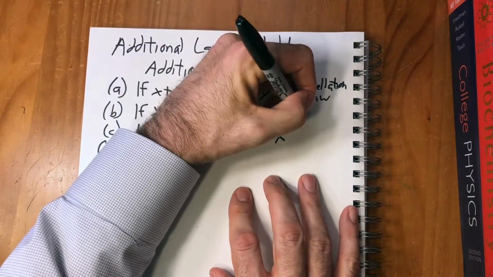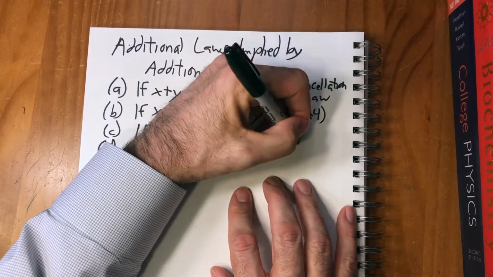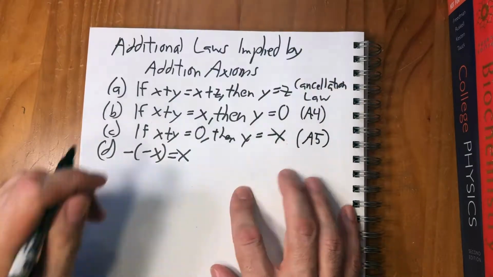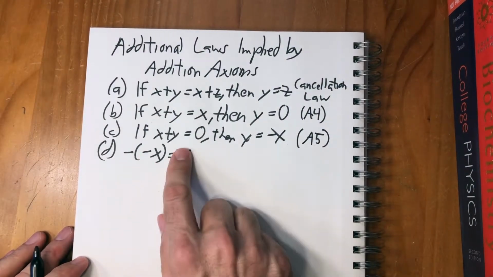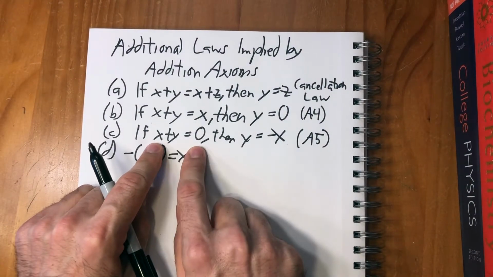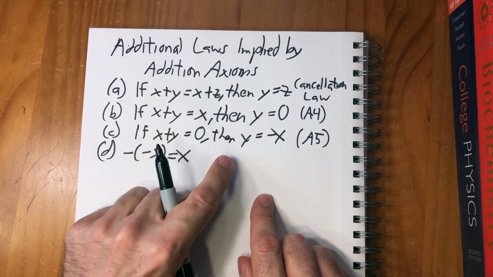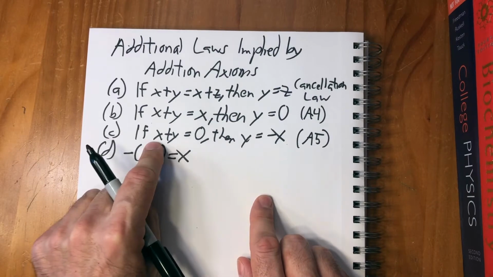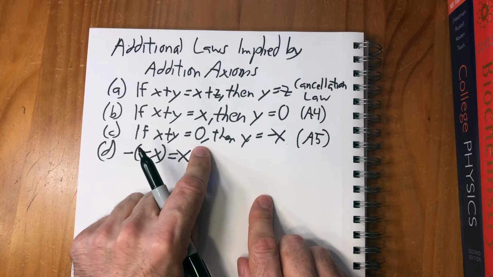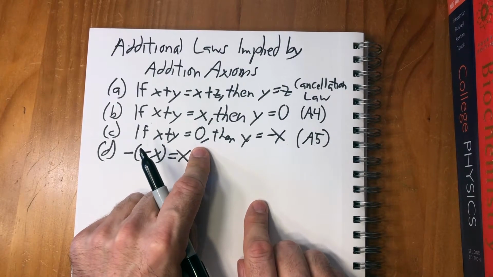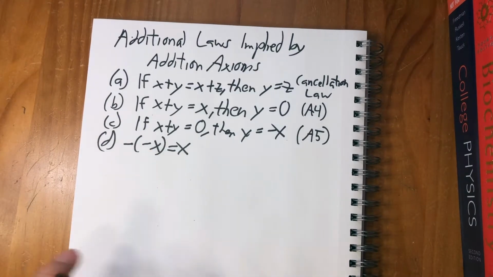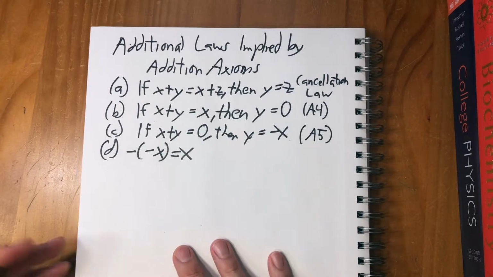So if x plus something is 0, there's only going to be one number that you can add to x to get 0. 5 plus minus 5 is 0. You can't add anything else to 5 to get 0. So, okay, let's go through these real quick and prove them.